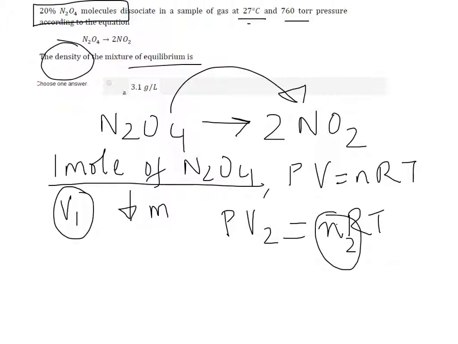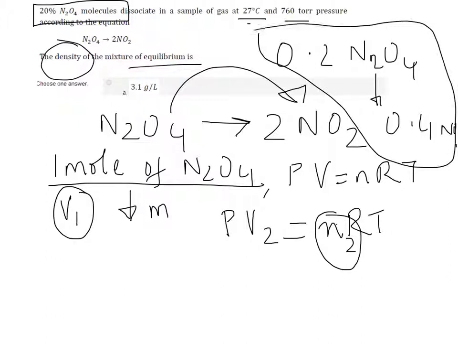Which means that 0.2 moles of N2O4 dissociate and become 0.4 moles of NO2. So really, this is what you've got to account for. This increase in moles will show up as n2.